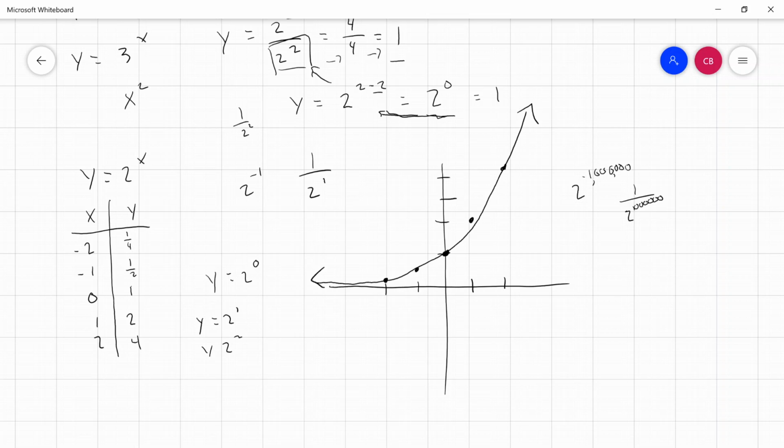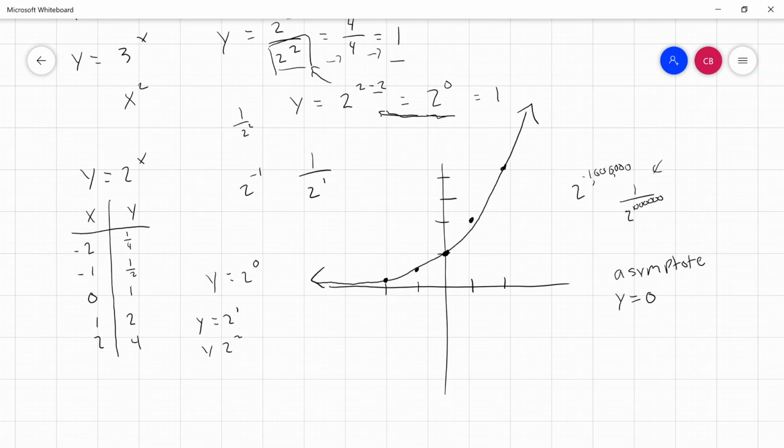It only gets closer and closer to 0 as you make the pieces smaller and smaller, but it will never actually equal 0 because you're always dividing 1 by something. And so there turns out to be an asymptote on the line y equals 0 in this case.